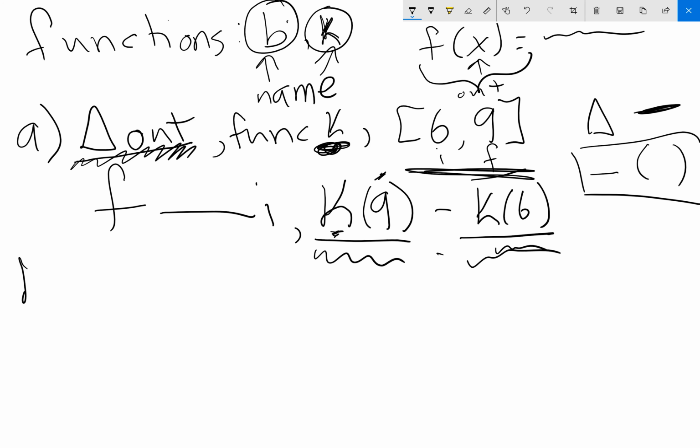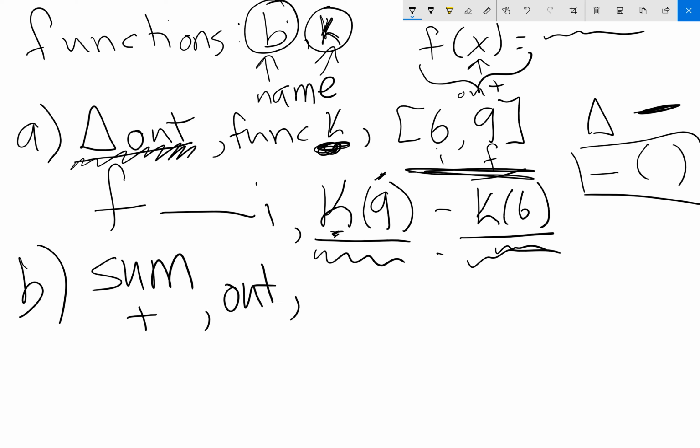Okay. B. Use function notation to represent the sum of the output. Sum means addition of the output of the function k at an input of -9, and then we switch it up.